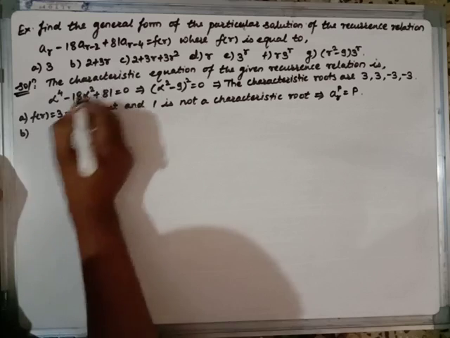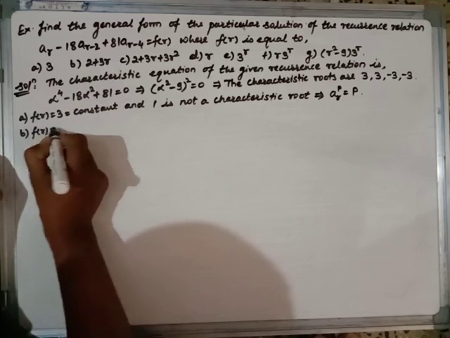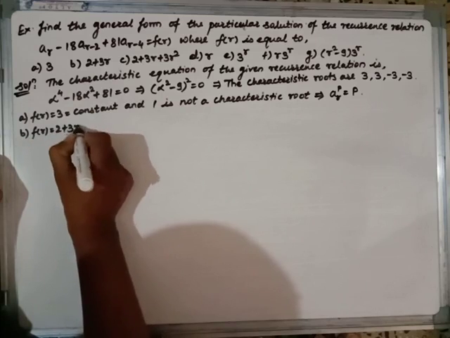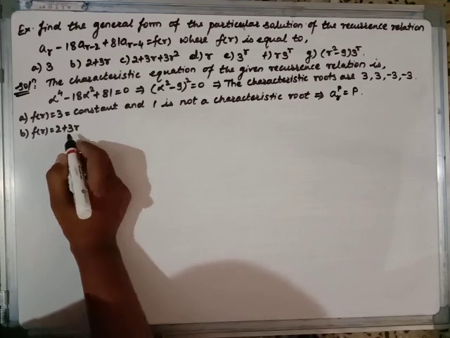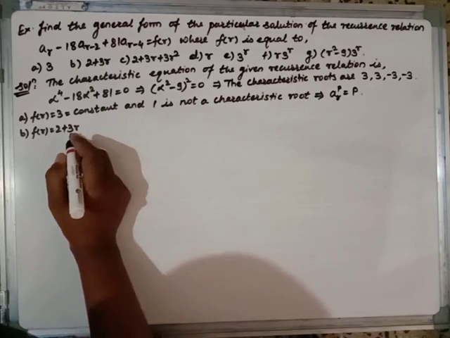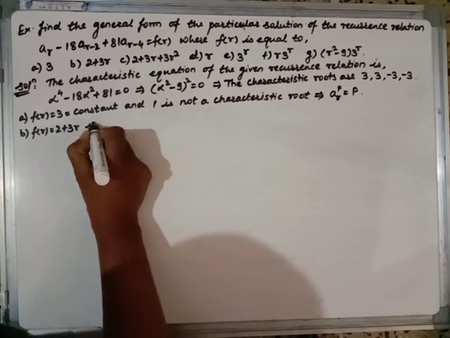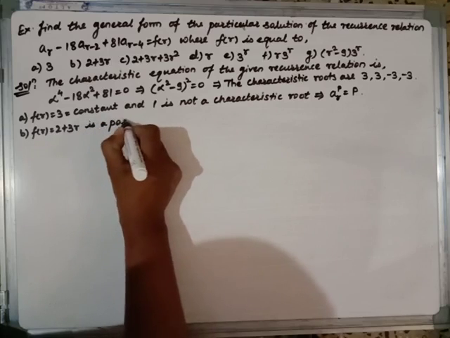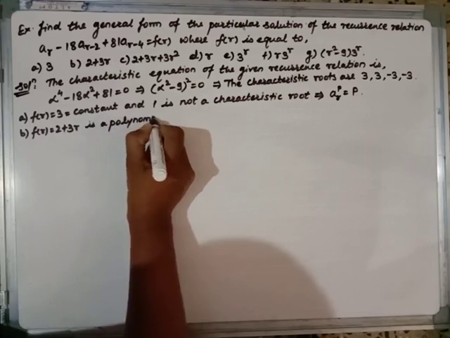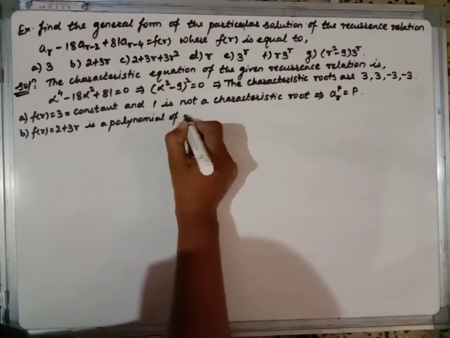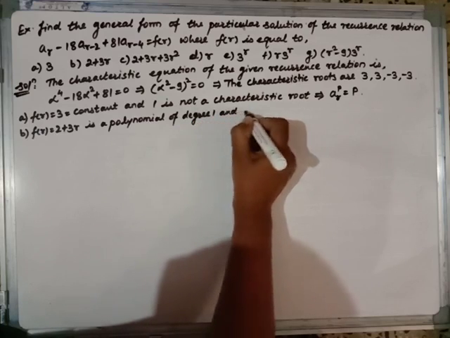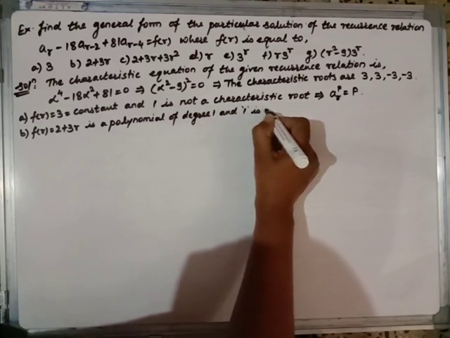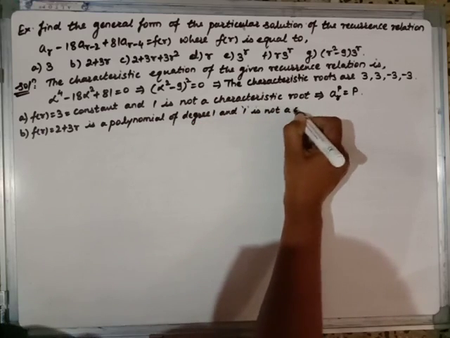Now second one, f of r is 2 plus 3r. It is a polynomial of degree 1, and 1 is not a characteristic root.